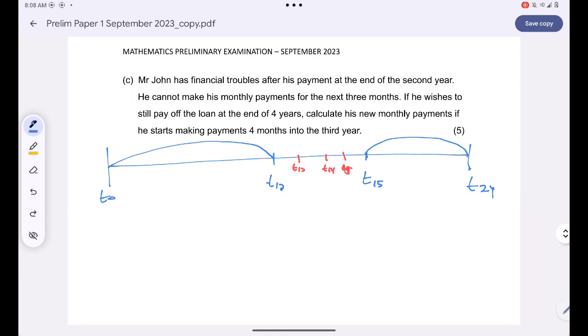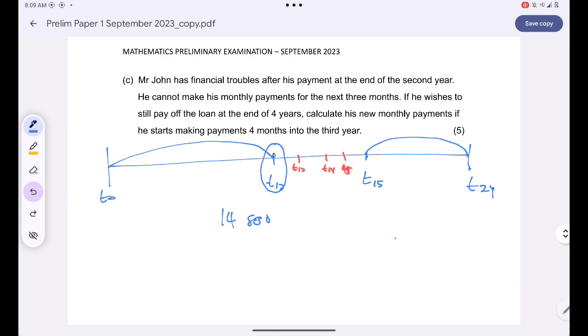Are you together, guys? So since Mr. John does not pay the amount of money for 3 months, this does not mean that he still owes the bank 14,800, because I know the outstanding loan amount over here was 14,800. This 14,800 will accumulate interest for the next 3 months.